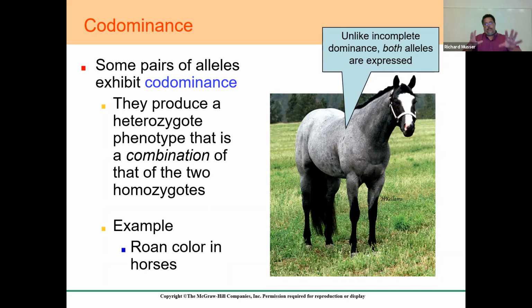So they're both being expressed. So it's a lot like incomplete dominance, but it's black dots and white are being expressed equally. And so we call that codominance. Does that make sense?